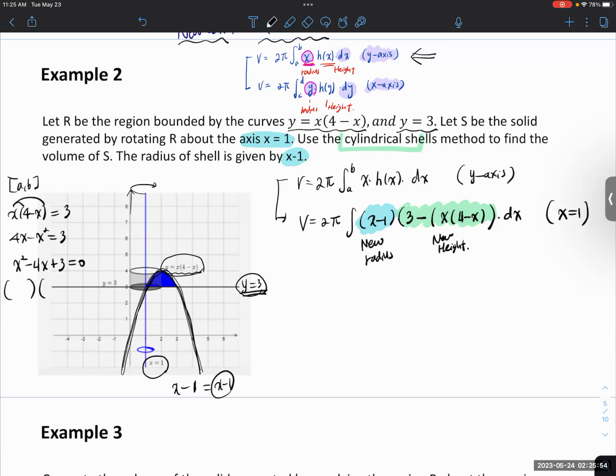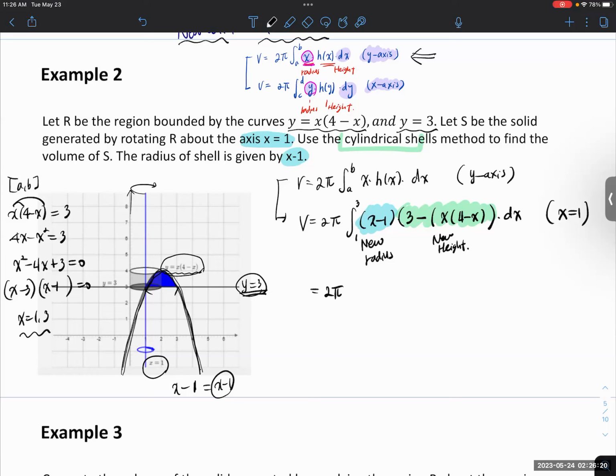So you're gonna have 2 factors, x minus 1, x minus 3. So here x is 1 to 3. That's where you're rotating, that's the amount on the x-axis. So it's going to be 1 to 3. So now we're gonna work on 2 pi.